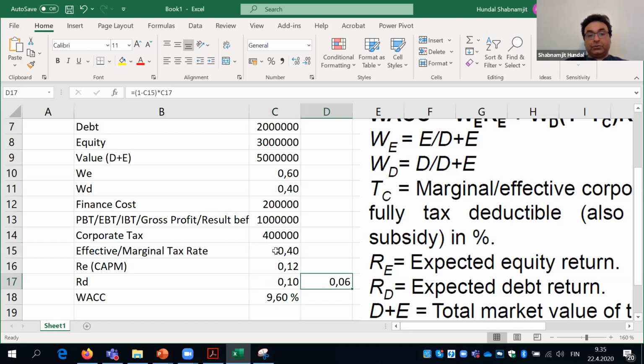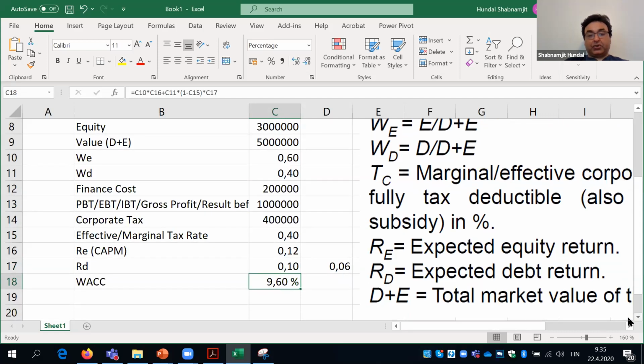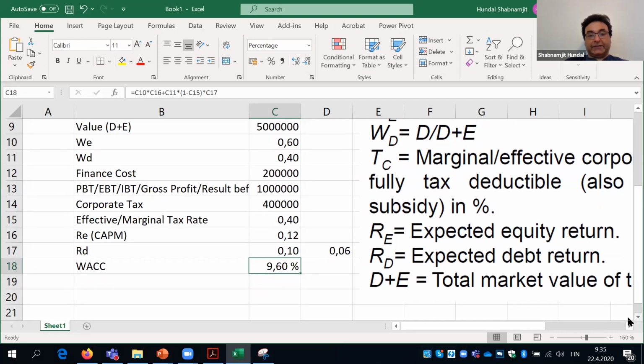Thanks to the 40% marginal tax that you are paying, you are getting a 40% subsidy on your interest cost. And when you bring this here, like I did for 6%, it comes out that your weighted average cost of capital is 9.6%.